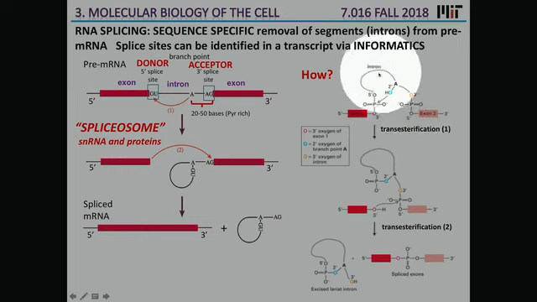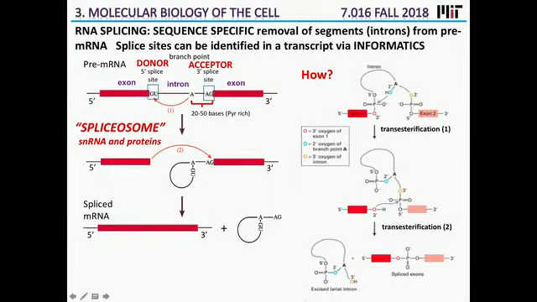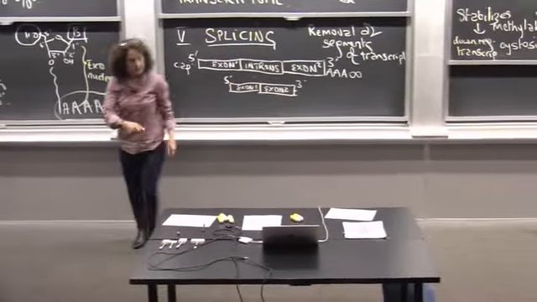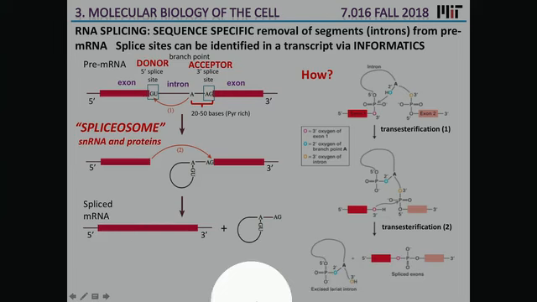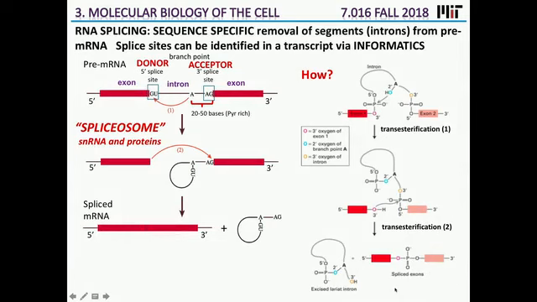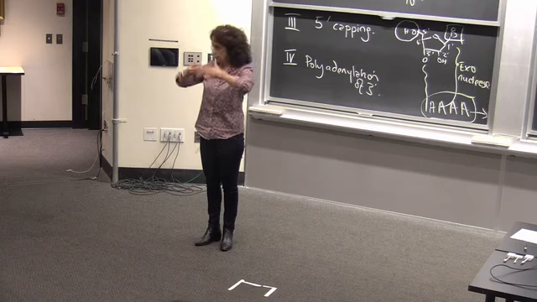So there's an internal rearrangement, a new phosphate is made, and then there's another rearrangement where there's a new bond made between one end of the pre-messenger RNA and the other end of the pre-messenger RNA to give you the spliced, the exons rejoined, ready to be read in translation.